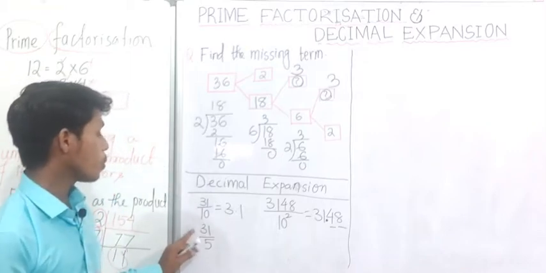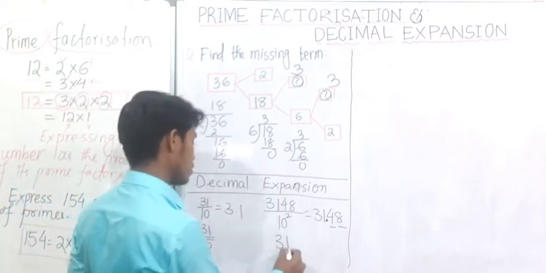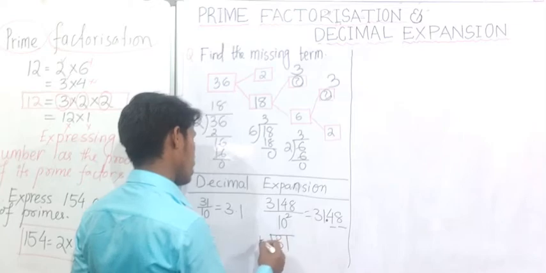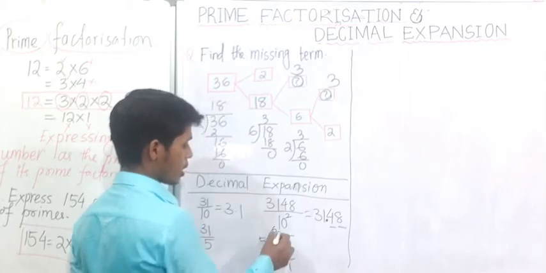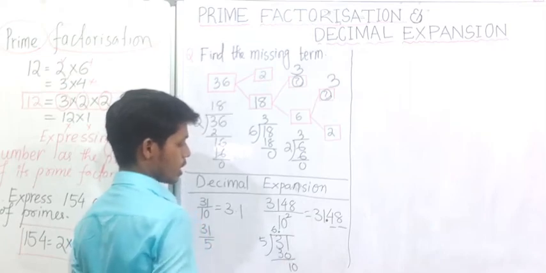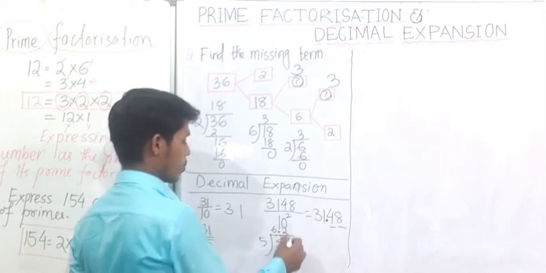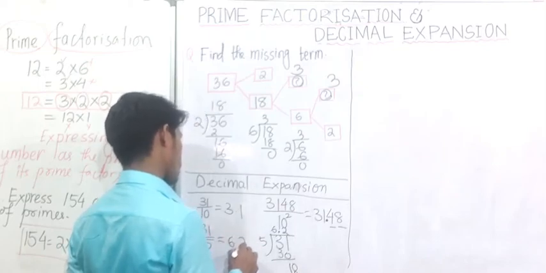For this we need to divide 31 by 5. So we will get 5 6 ja 30. 1 is left, let's place a decimal point here. Then after the decimal point we will get a 0. Now 5 2 ja 10, 0. So it becomes 6.2.